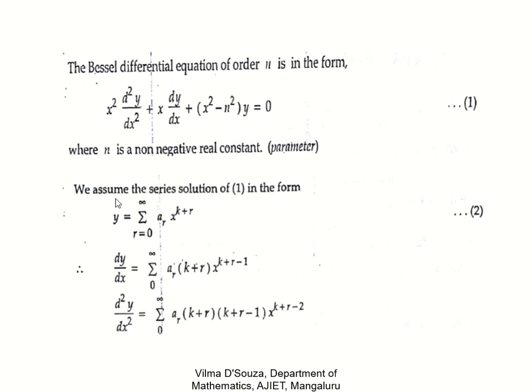For this we assume the series solution of this Bessel's differential equation in the form y is equal to summation a r x to the power k plus r, r varying from 0 to infinity. This is a series: when r equals 0, a naught x power k; r equals 1, a1 x power k plus 1, and so on.